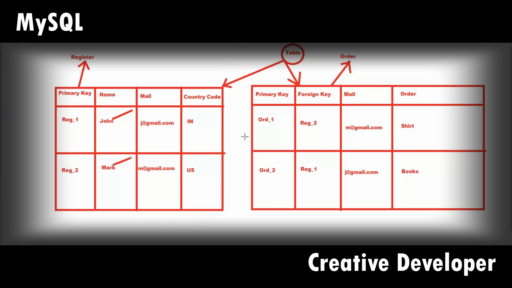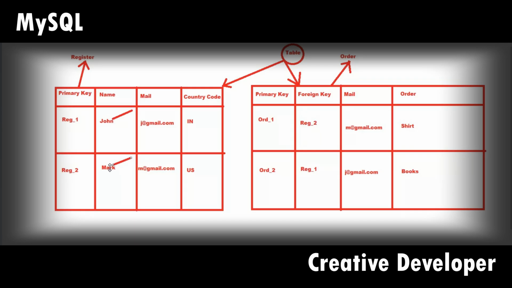This is not Amazon, because Amazon has much more data. Just consider this is one website, and on that website two people registered, one is John and the other is Mark. When those two people registered, the website asked for some data, and the data is like the name. So when John registered, he added his name, John.